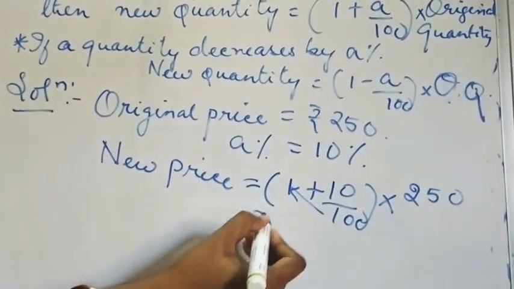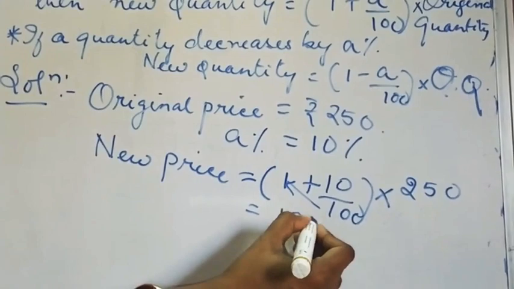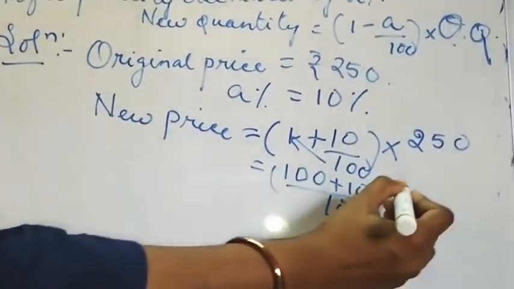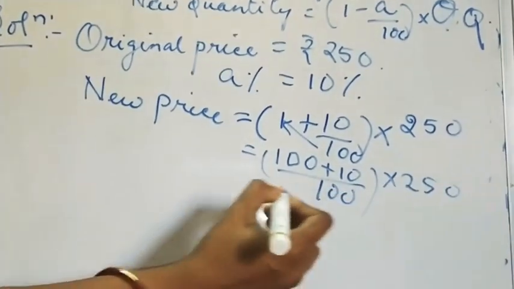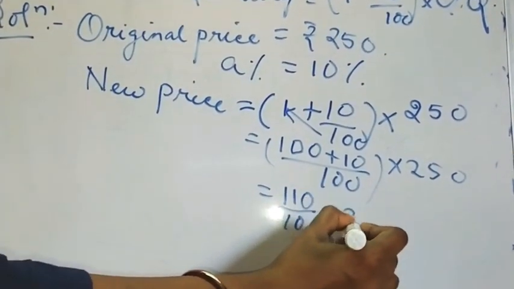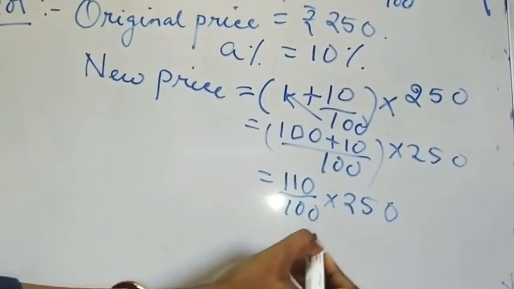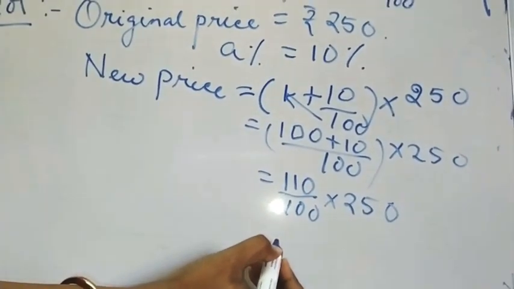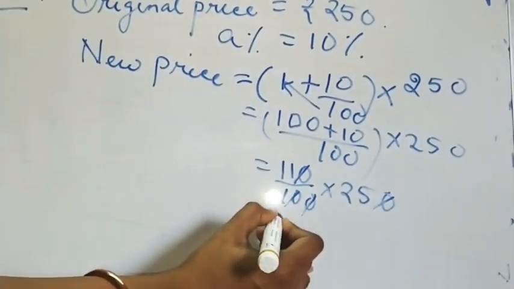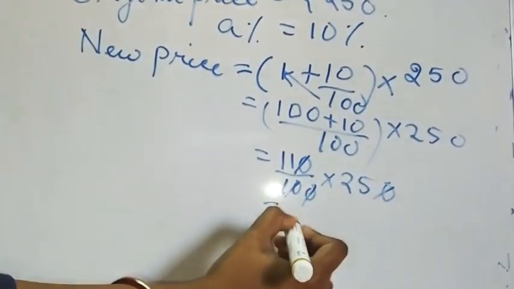Now let us bring it to a common denominator: 100 plus 10 upon 100 into 250. So here we have 110 upon 100 into 250. Now let's do the cancelling. We cancel the zeros, so we have 11 into 25.